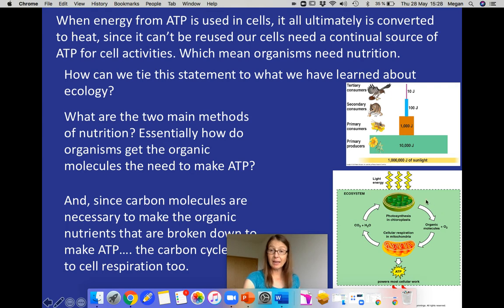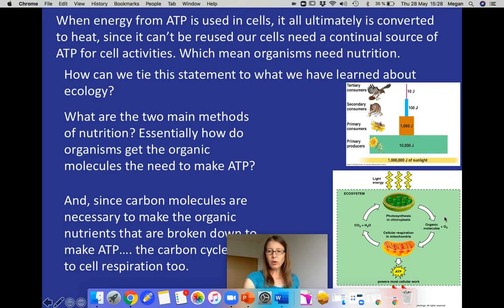And if you eat the plant, then you're taking those organic molecules to use in your own cell respiration. So the plant is going to do photosynthesis to make the organic molecules, and either they use them or something else is going to eat it, whether it's you or a decomposer, if the leaf falls and the plant dies or whatever.